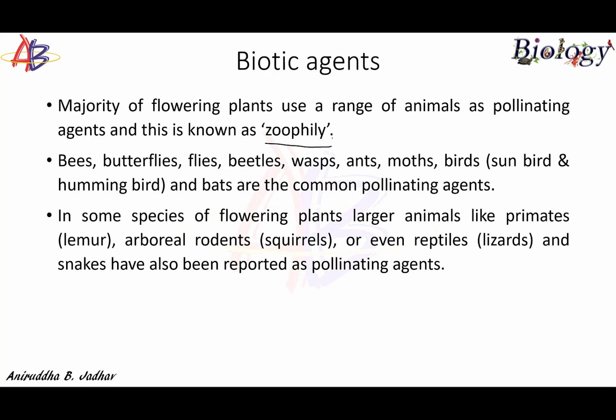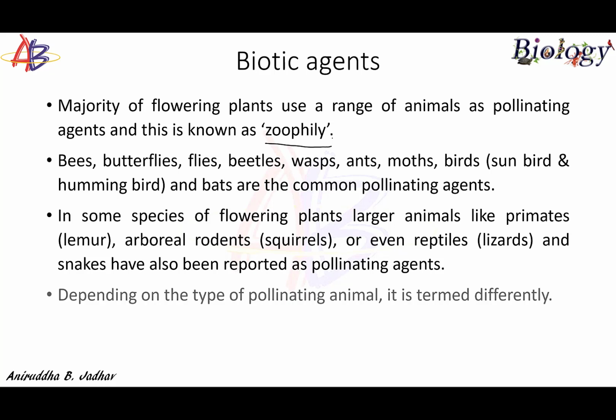However, in some angiosperms, larger animals like primates and arboreal rodents. Arboreal means tree dwelling animals, right? So a rodent example with tree dwelling habitat is the squirrel, or even reptiles like lizards and snakes have been reported as pollinating agents in several plants.